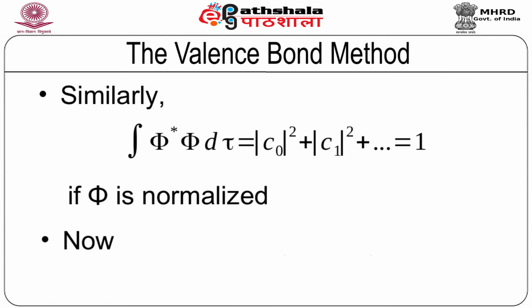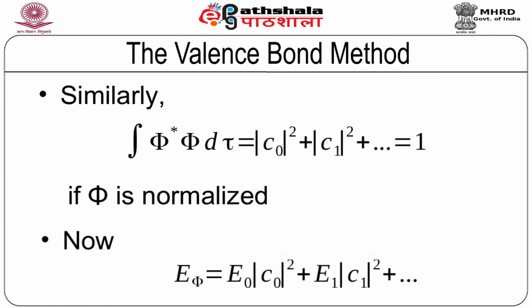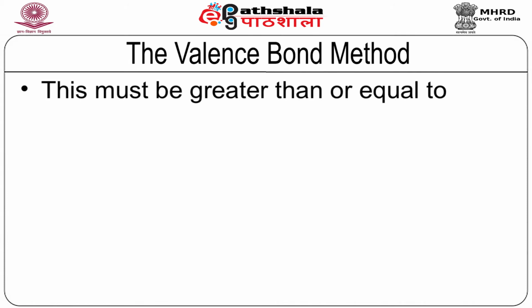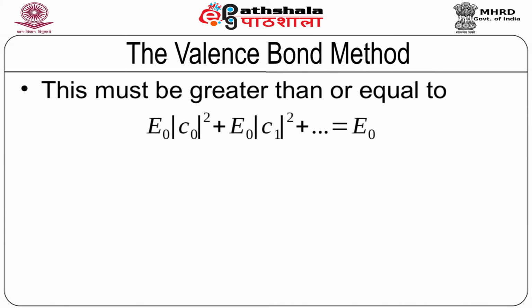Now E phi can be written as E0 mod C0 square plus E1 mod C1 square plus other terms, and this must be greater than or equal to E0 mod C0 square plus E0 mod C1 square plus other terms, which can be written as E0 into mod C0 square plus mod C1 square plus other terms, and since this sum is equal to 1, this is equal to E0.